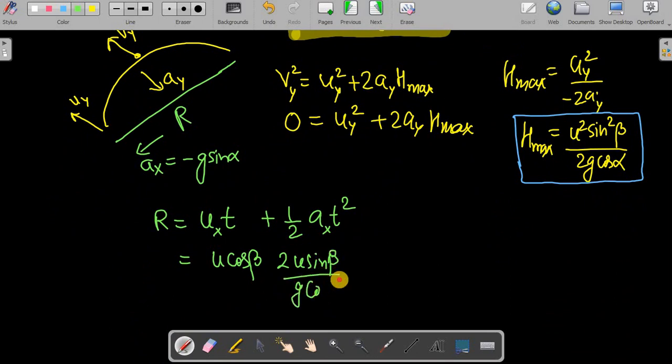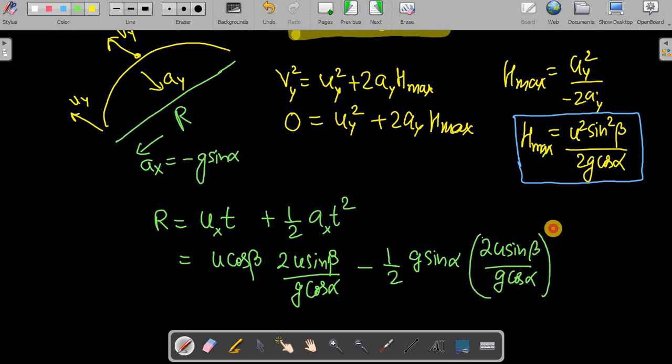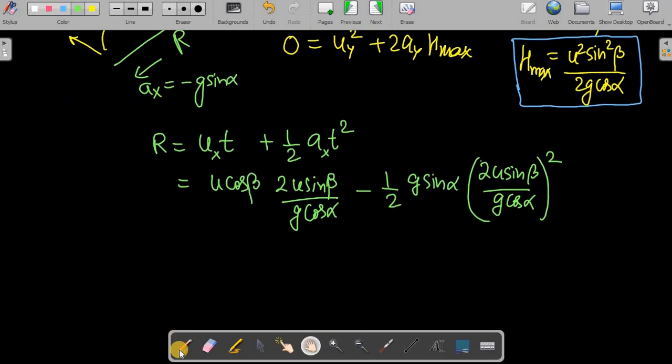Plus, here minus will come because acceleration is negative, so minus half. The acceleration here is g sin alpha, and t square means this time, so 2u sin beta by g cos alpha, whole square. So you can expand it and calculate for this range.